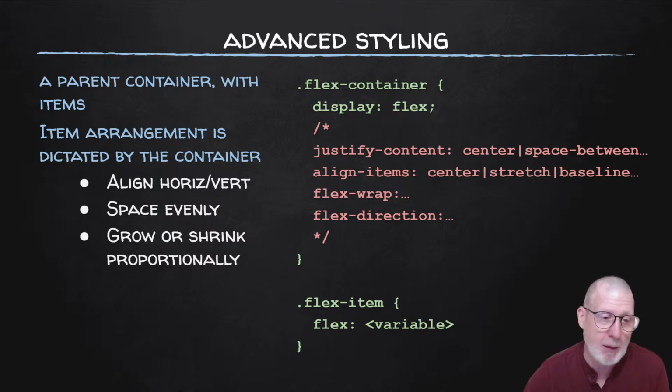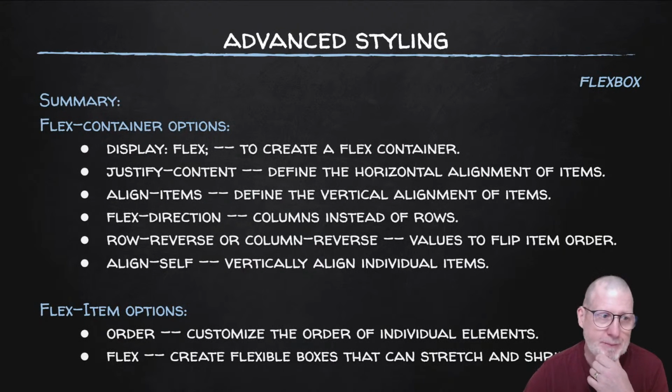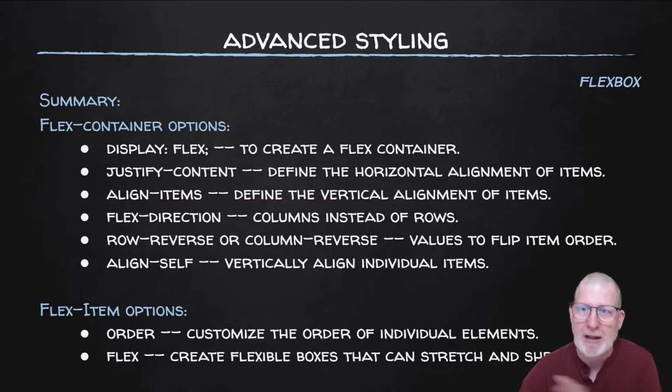We just need to know a couple other things, and that is, what can we do with these flex boxes? So we trigger it by making a container the display flex. We use the justify content on the container to define the horizontal or the left to right orientation of things. We use align items on the container to identify the top to bottom orientation of the things.